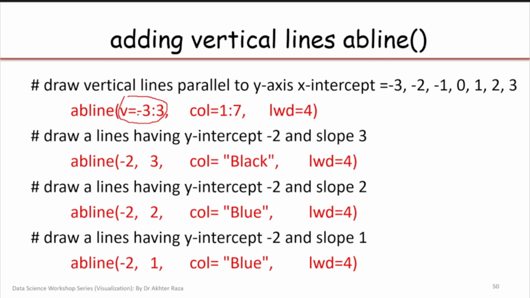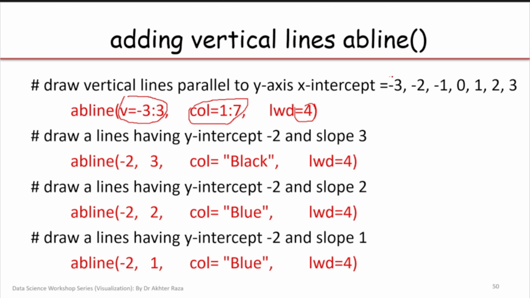What does it do? It will generate a series from -3 up to +3. It means a vertical line will be drawn at -3, then at -2, -1, 0, +1, +2, +3. It will generate 7 lines with 7 different colors, color number 1 to 7. Similarly, the line width is 4.